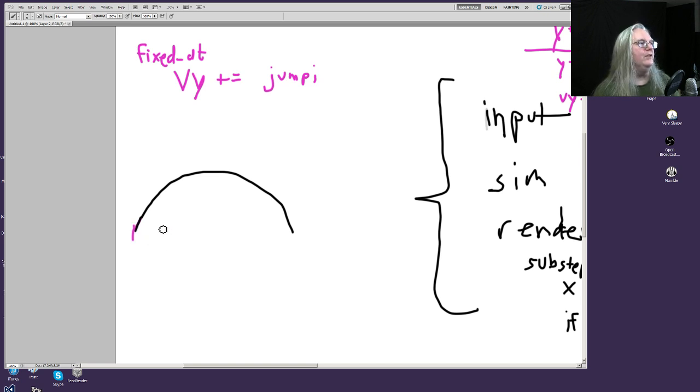So here are our time steps. This is what the parabola would be if you don't do anything else.